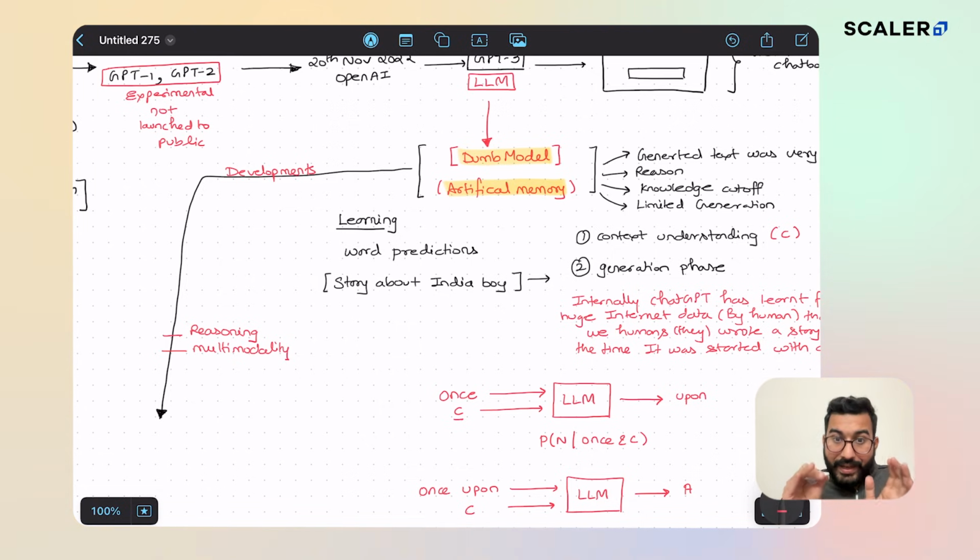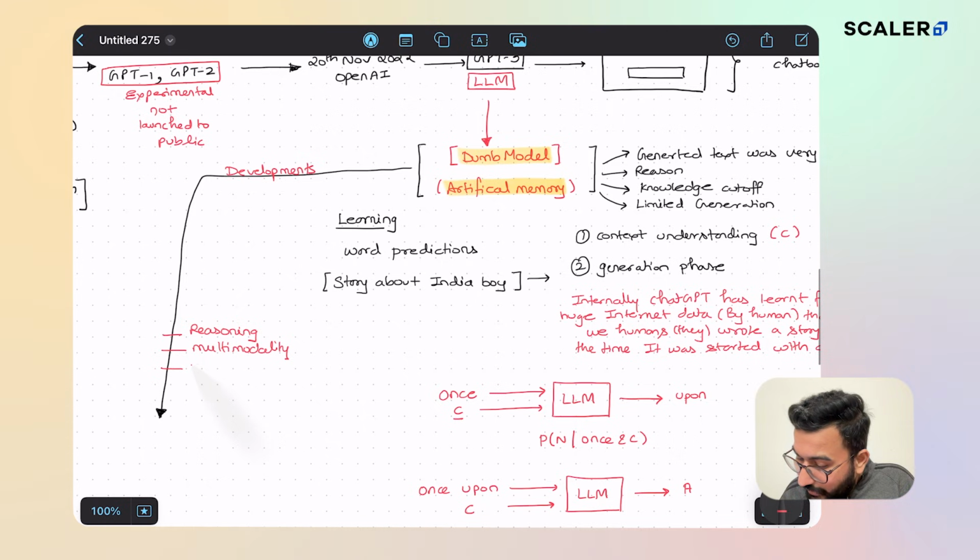So when ChatGPT was launched, it was limited to only textual data. But over the period of time, all the innovation that happened in the past 3 years gave ChatGPT the power of multimodality also.